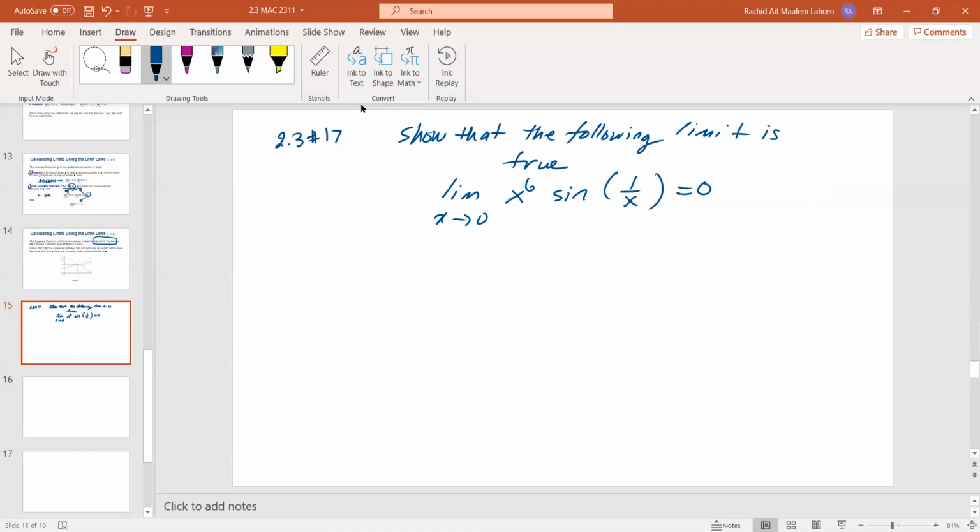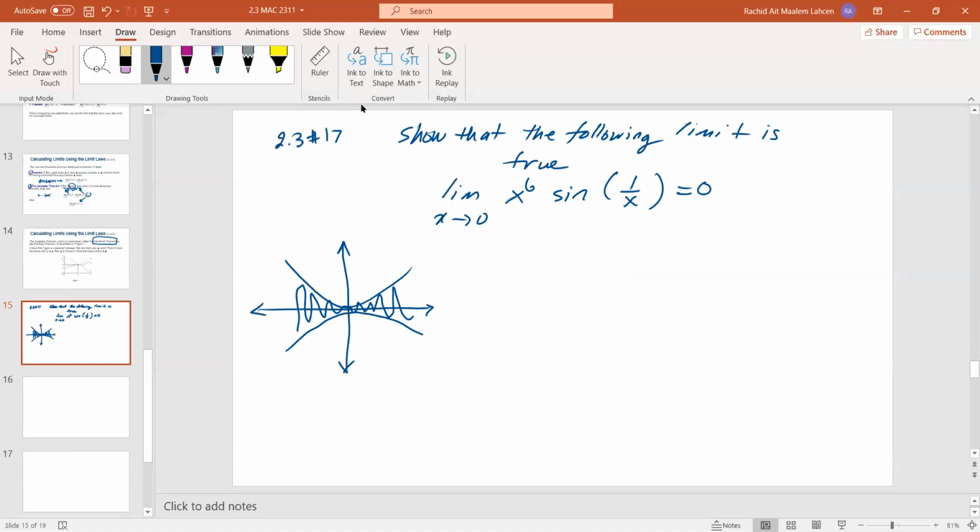If you investigate this, and of course if you want to do the chart, you'll find the x to the 6th graph, and the other one, and the other function, sine of 1 over x, is going to be in between, so it's squeezed in between. All right, and you can graph these and see what they are.